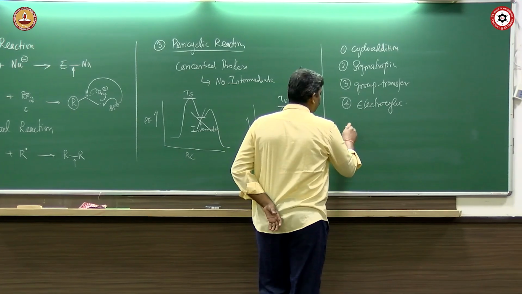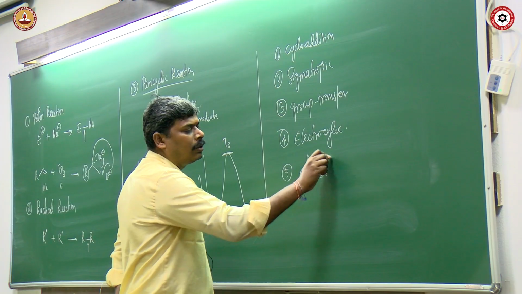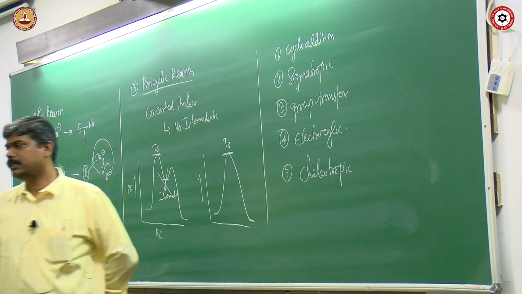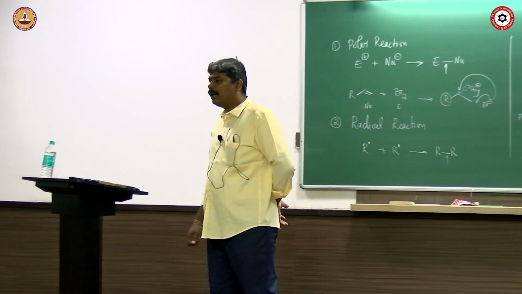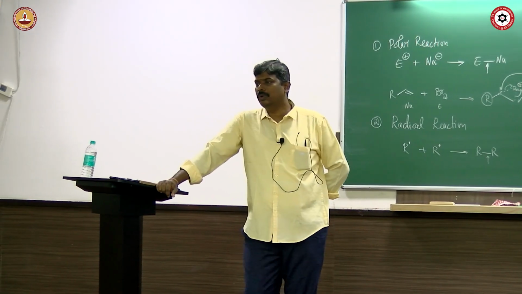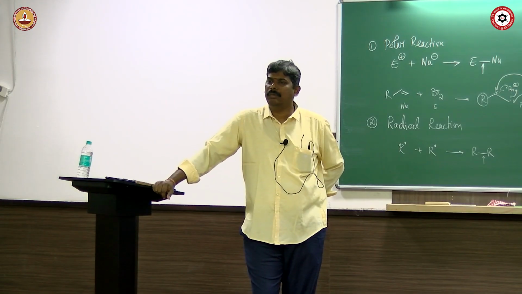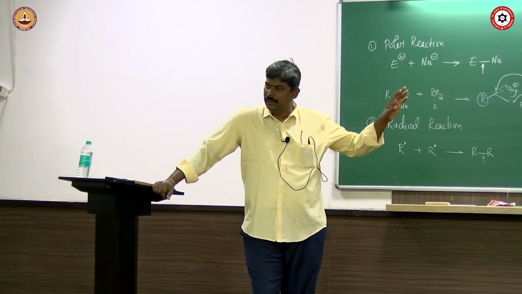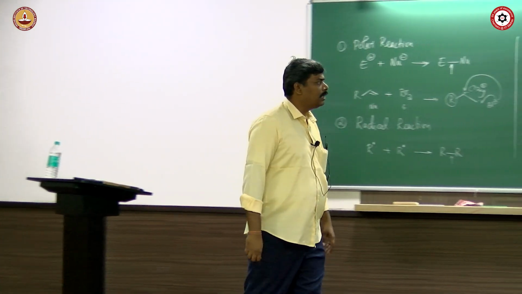There's one more, which is a cheletropic transformation, a reaction or rearrangement. So these are the 5 reactions you generally discuss in pericyclic transformations. There are other reactions which may not go through an intermediate, but have their own way of classification. So these 5 reactions are what you are going to see in pericyclic reactions.